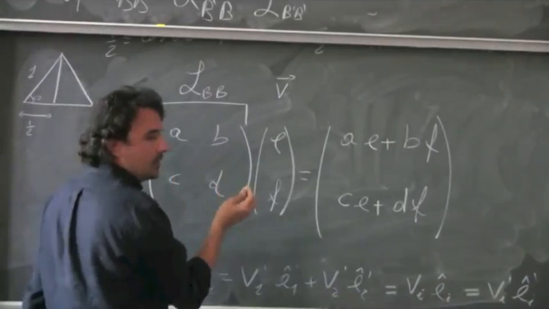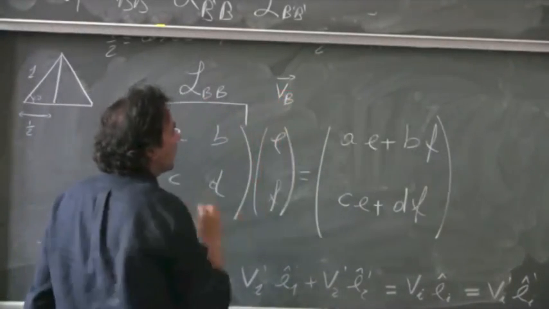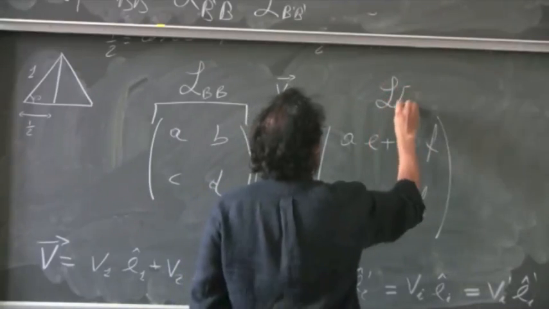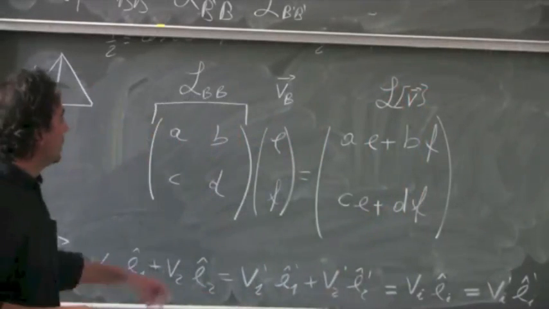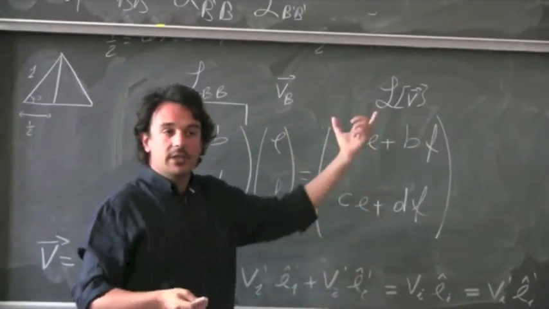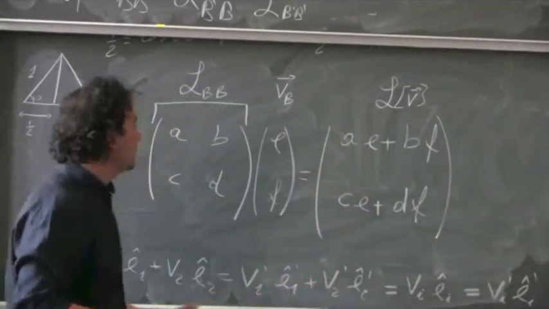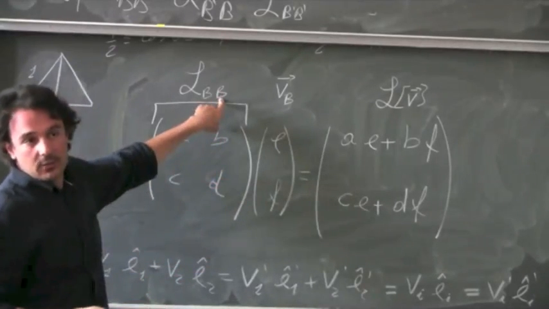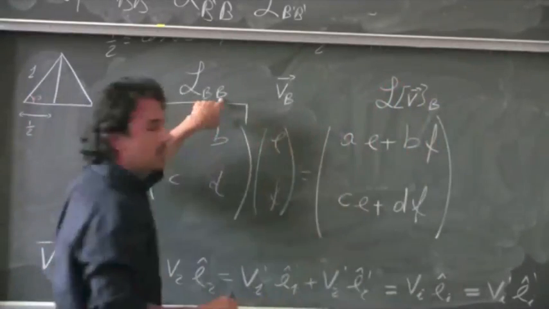So we need a basis. Which basis we choose? We choose this one, B. And here the linear application L applied to V, that is another vector, but we don't need a general vector here, because here we have a column of numbers, and so we need a basis. Which basis we choose? We choose the other one here. But now in this particular case we have the same basis.